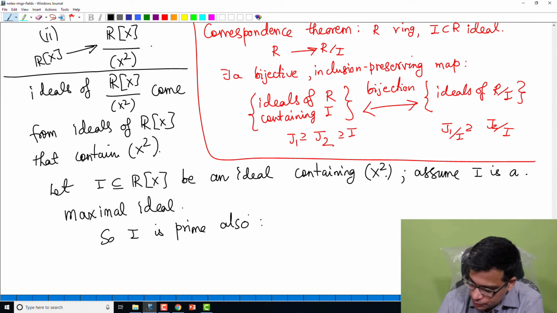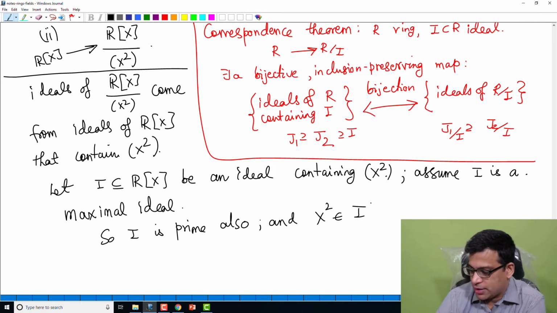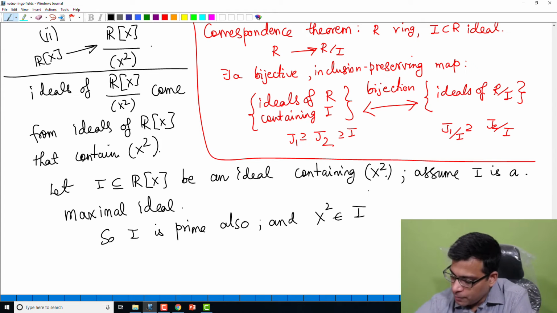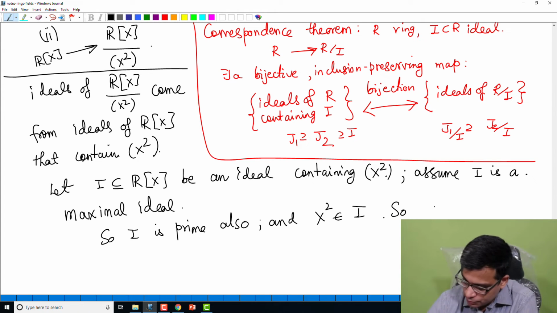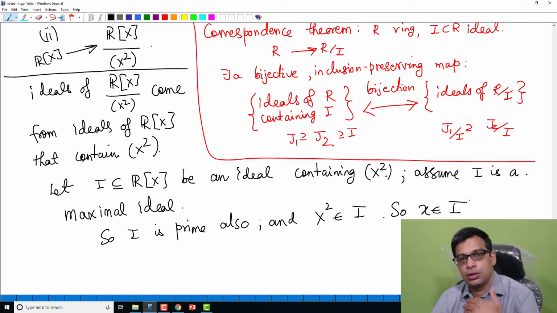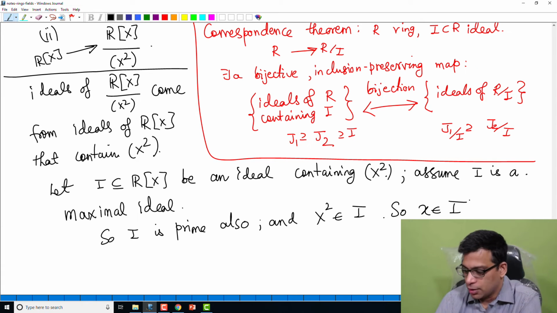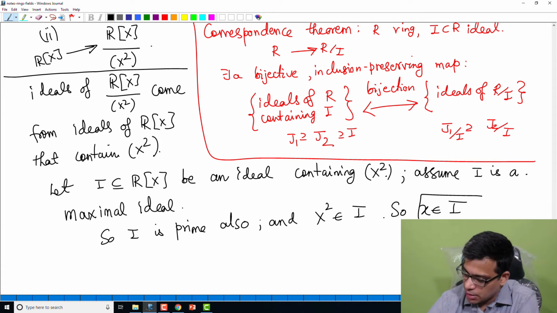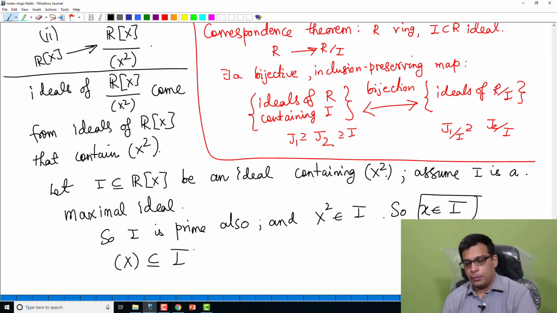And I is a prime ideal, and the ideal x squared is contained in I, which means the element x squared is contained in I. But prime ideals have the property that if a product belongs to the ideal, one of the elements belongs to the ideal. x squared belongs to I means x is in I. That means the ideal generated by x is in I. Remember, I is an ideal, it contains x, that means it contains the entire ideal generated by x.